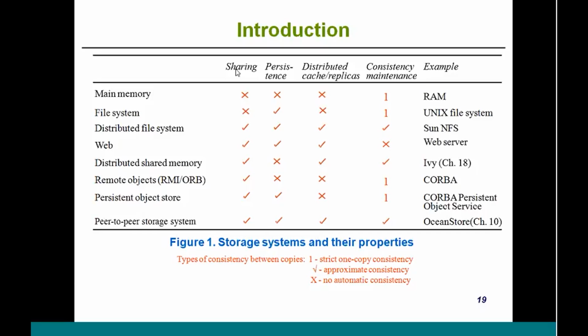The second one is persistence. So what do we mean by persistence? Persistence is that the data that we write into a particular storage is always there. Whether it is always there or not depends on the persistence of the particular system, how much it is persistent.